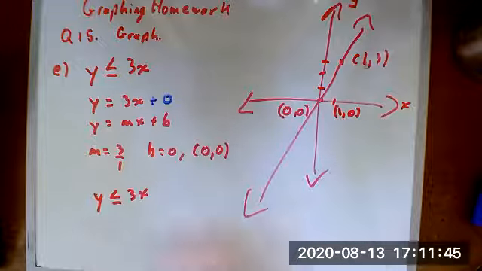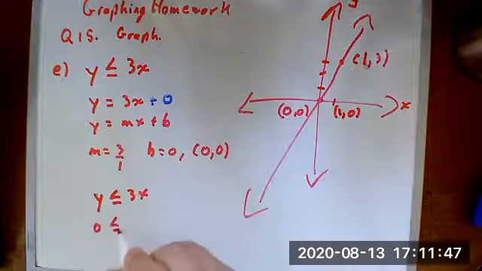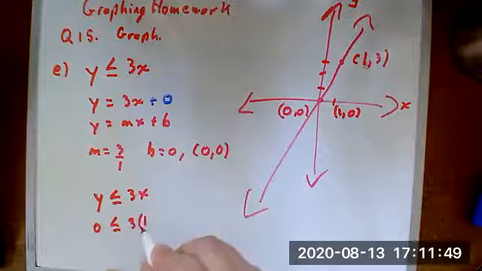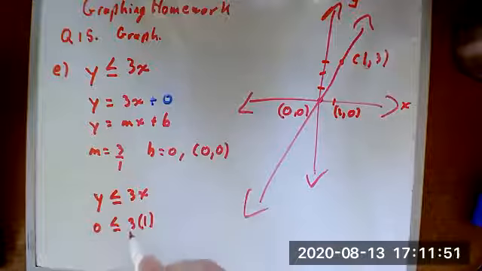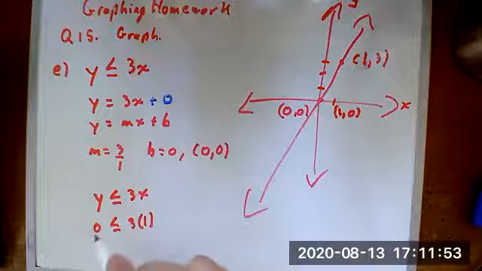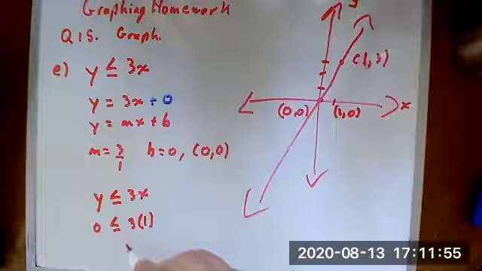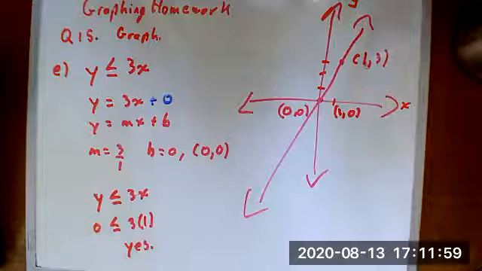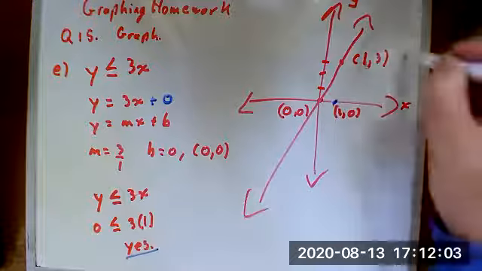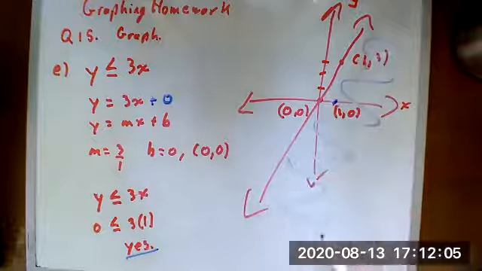So if my y is 0, my x is 1. Is 0 less than 3 times 1, which is to say is 0 less than 3? The answer there is yes. So there's the point. That's this side of the line.